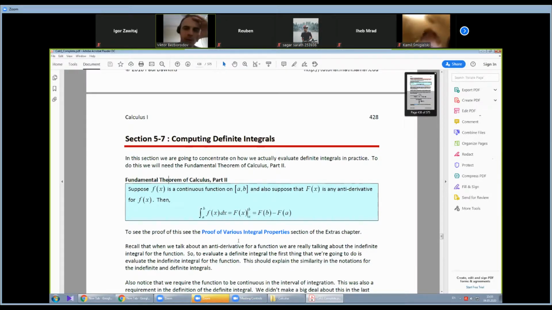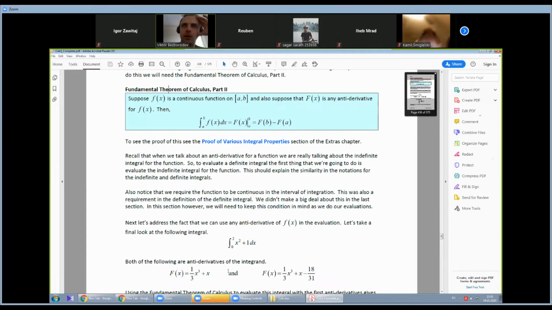Now, I should say that there are cases when you can compute the definite integral, but you cannot compute the indefinite integral. But we will not deal with such cases in this course, right? So we don't need to worry about that.